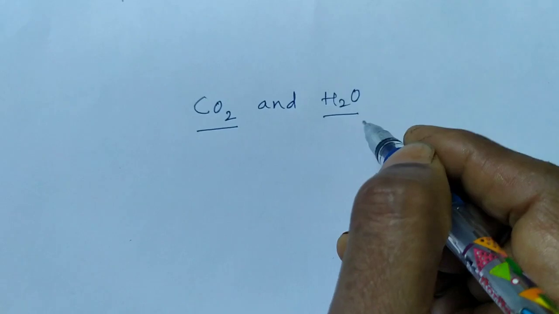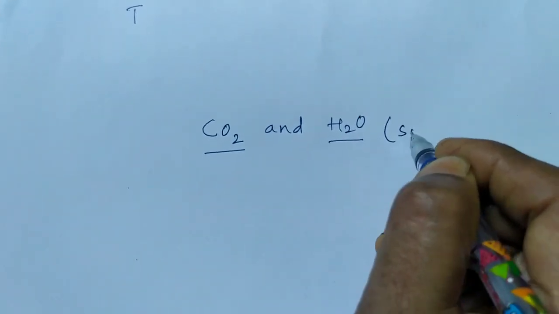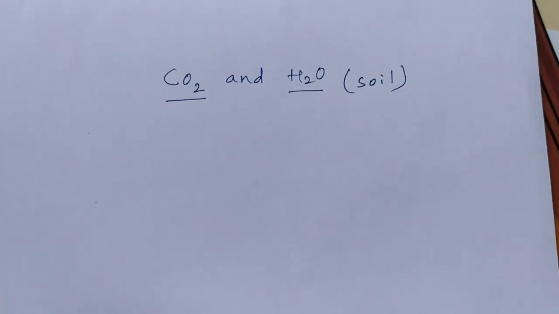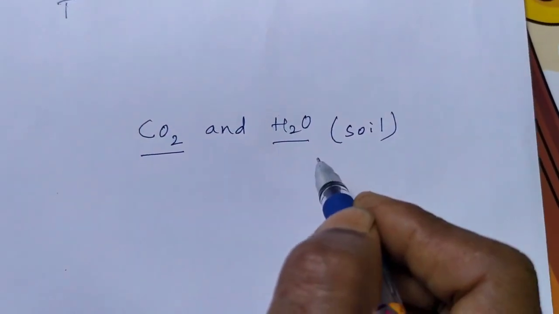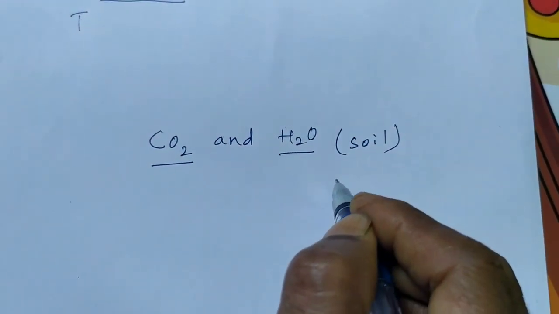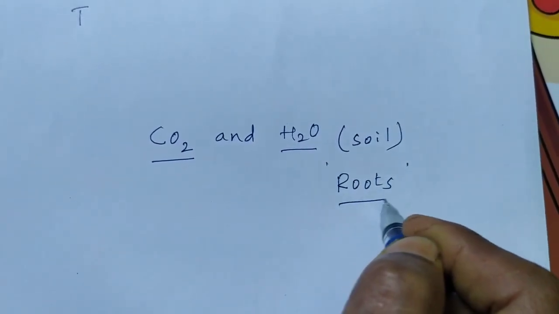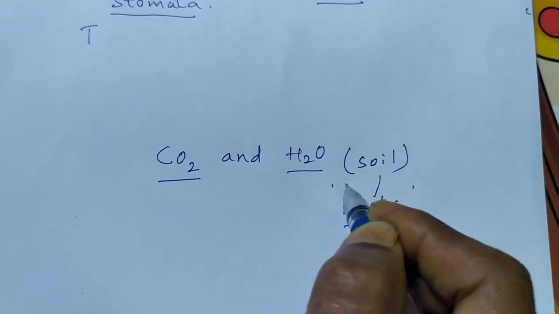Water is found in the soil. So the plant gets water from the soil through the roots. Roots absorb water and minerals.